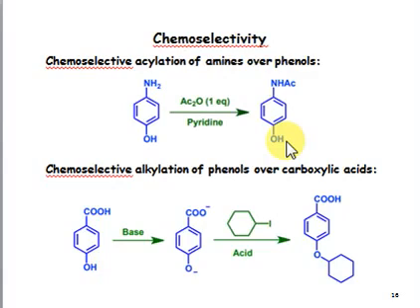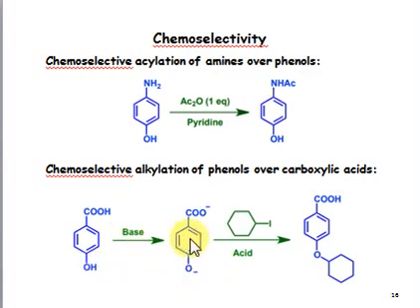While in case you want to carry out the O-acylation, you want to carry out the alkylation of an OH. Now in this specific reaction, you have an OH of a carboxylic acid and you have an OH of a phenol, right? But you want to carry out the alkylation of the phenol, and you don't want to carry out the alkylation of the carboxylic acid. For that purpose, you can use any base, because it's easy to pick up the proton of this phenol, right?